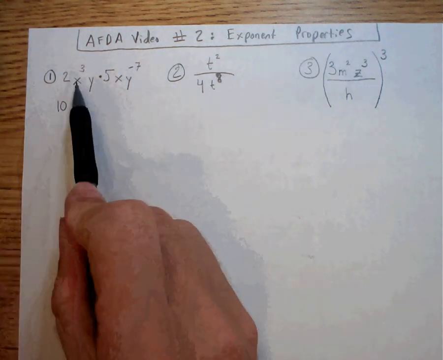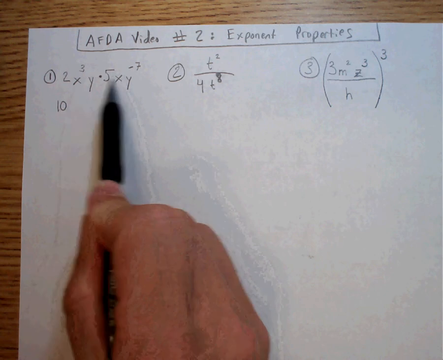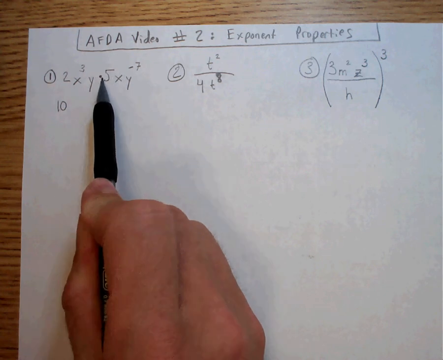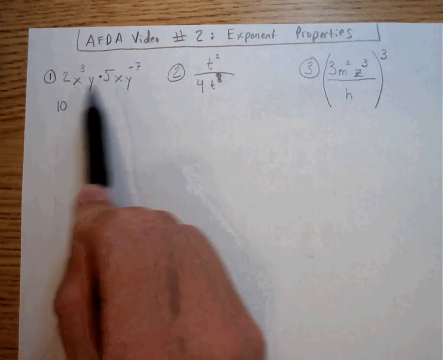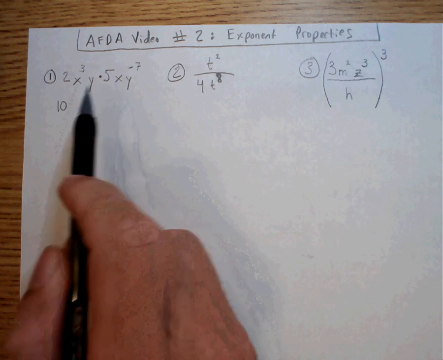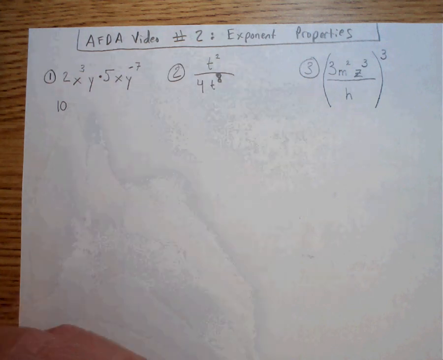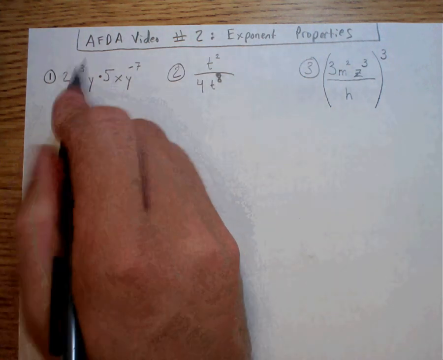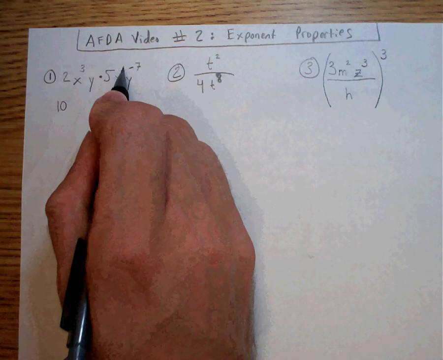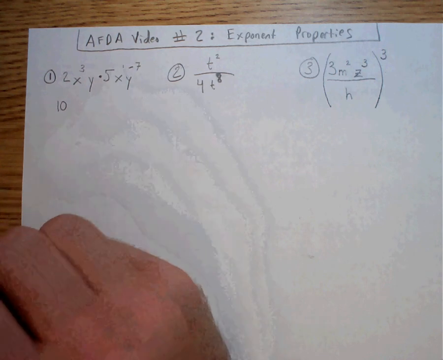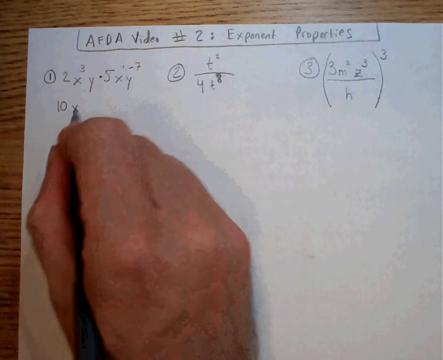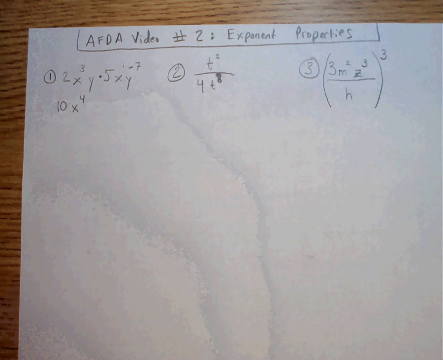But with the x terms, when we multiply same bases, we can actually add their exponents. So for the x terms, we have x cubed times x to the first power. Well, we add 3 and 1 to give us x to the fourth power.